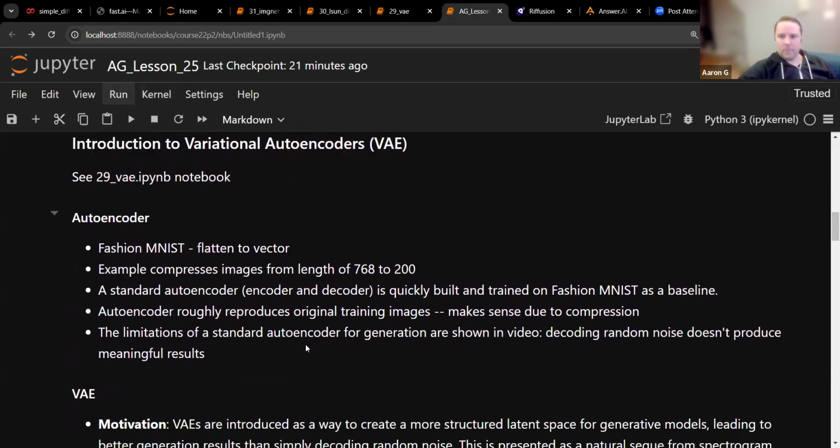And Jeremy goes through, okay, this is how a basic autoencoder works. And I'll show you the notebook in just a second. But what we're doing is we're starting with a 768 length vector, because we flattened out an image, and then we're compressing it to a 200 space, and then trying to decode it back.